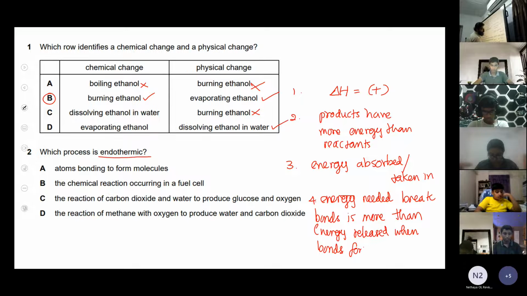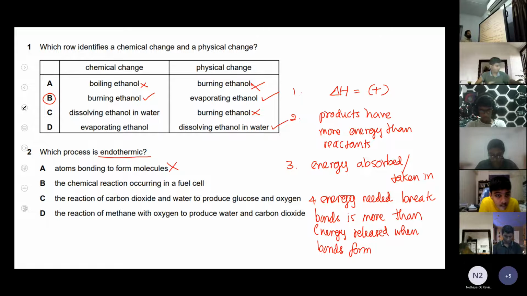So here are four different ways that you can describe an endothermic reaction, right? Atoms bonding to form molecules, that's formation of bonds. So this is wrong.